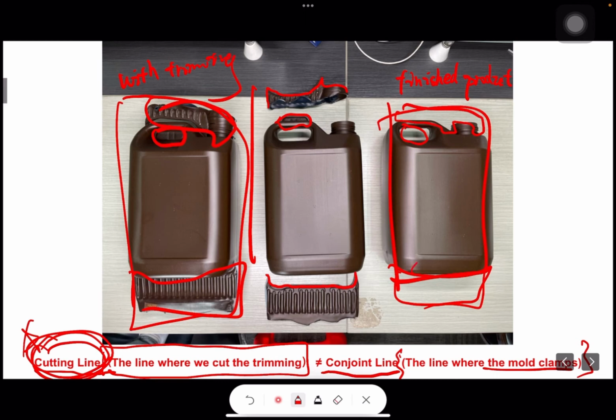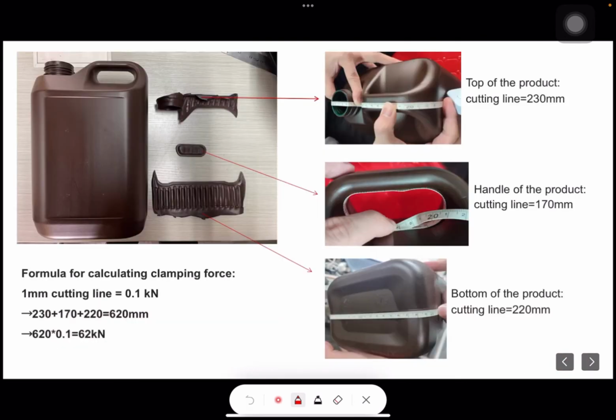So if I draw it on this finished product, it will be here: the whole bottle bottom, the whole circle of this handle, and maybe here to here, and the neck here, till this end. Maybe we should come to the next page.